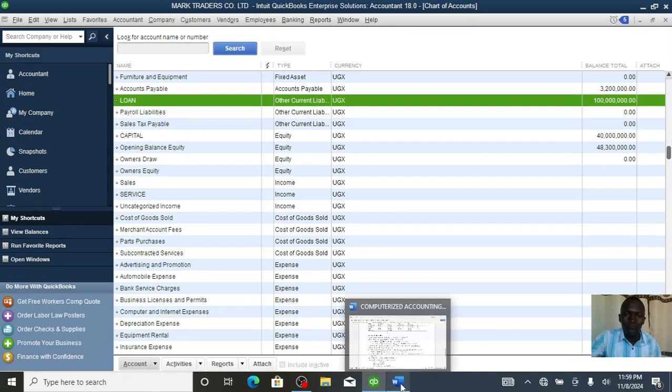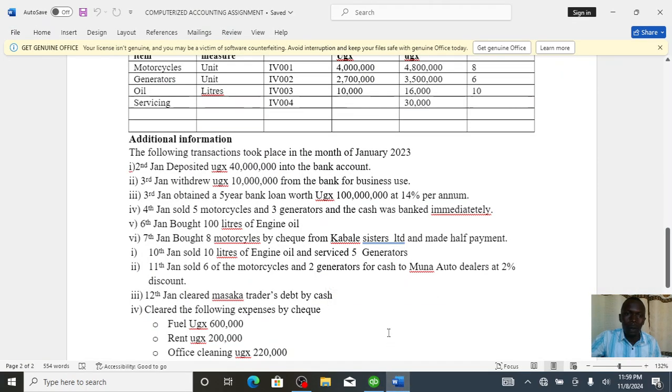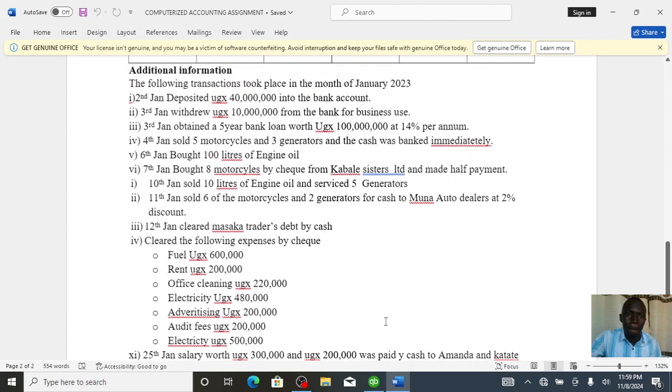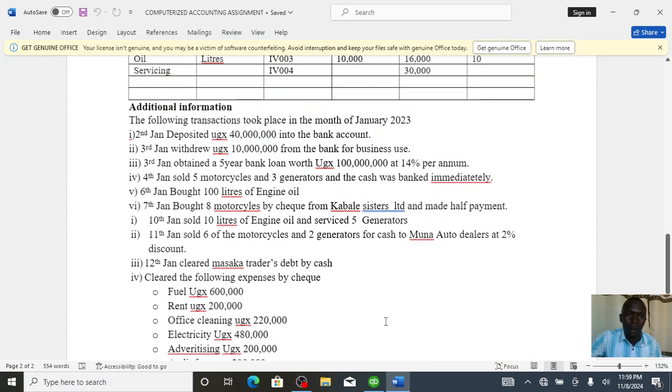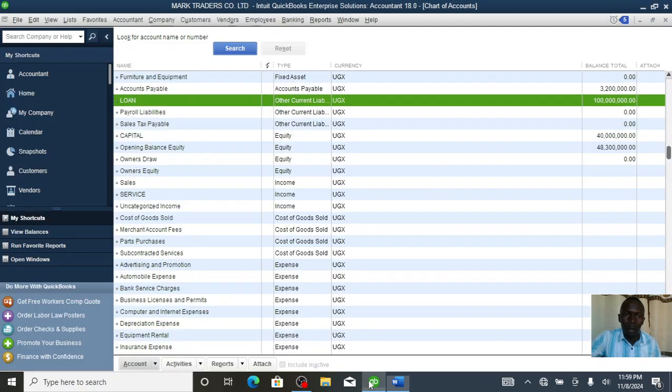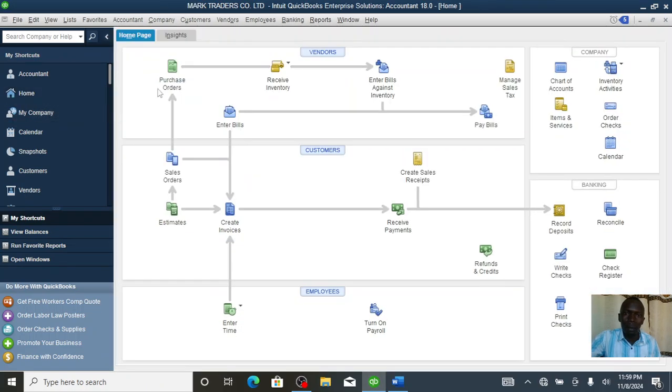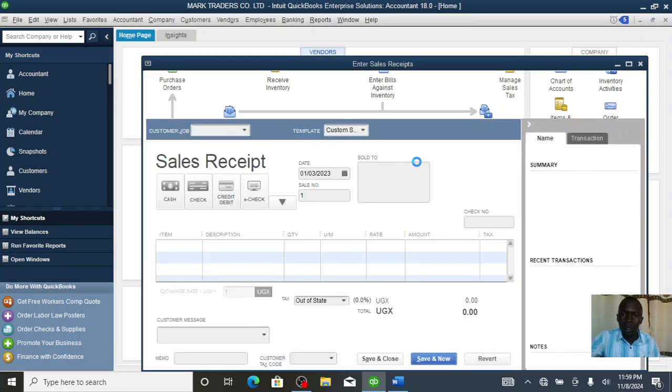We go back to the question. They are saying on 4th sold 5 motorcycles and 3 generators, and the cash was banked immediately. So go back to home, create sales receipts, since it was cash.